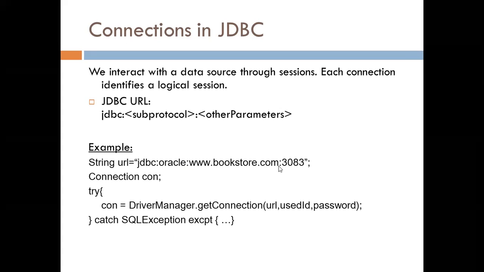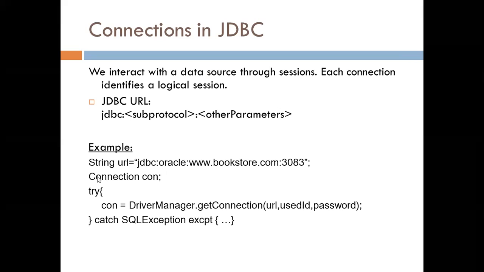This is the URL of the database. If we run it on our own system, then instead of www.bookstore.com we will have localhost or 127.0.0.1, followed by a colon and the port number. Whenever you open Oracle, you can observe this port number in the URL.